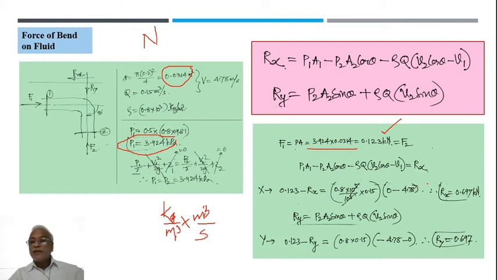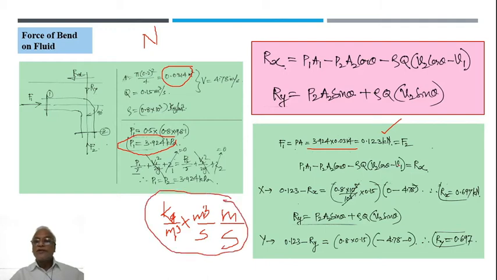Okay, then you have here a multiplier of velocity, in meter per second. Overall, what would be the units of this right hand term? This right hand term will have rho in kg per meter cube, Q in meter cube per second, into the velocity in meter per second.